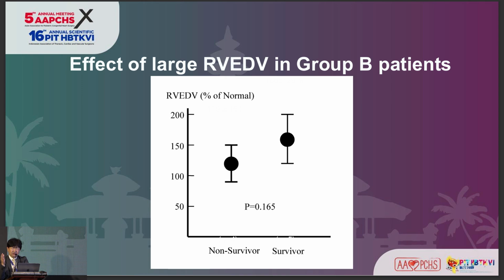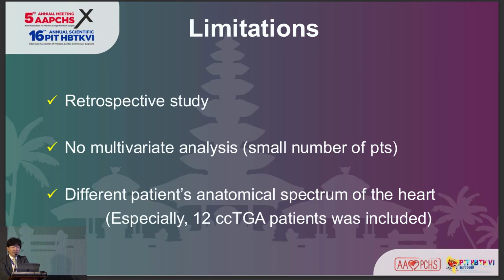Regarding the RVDD, a big patch inside the right ventricle is one of the risks. The limitation is that it is a retrospective study without the usual multivariate analysis of this spectrum of the heart.